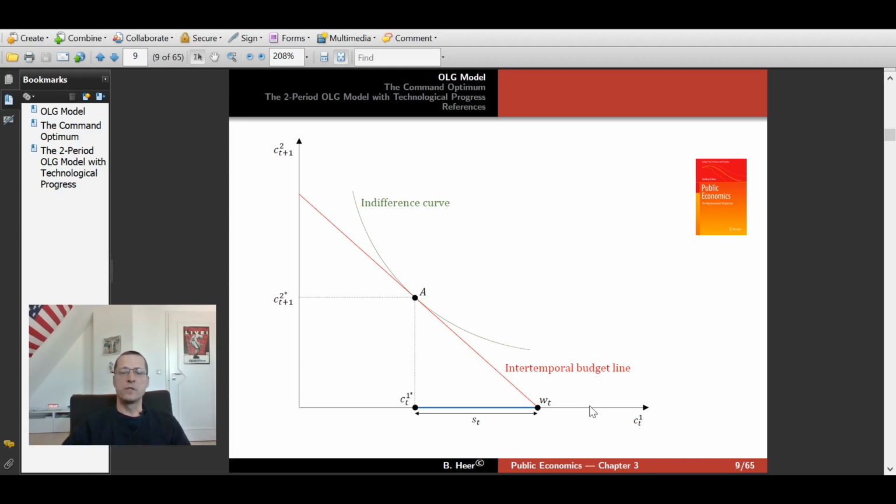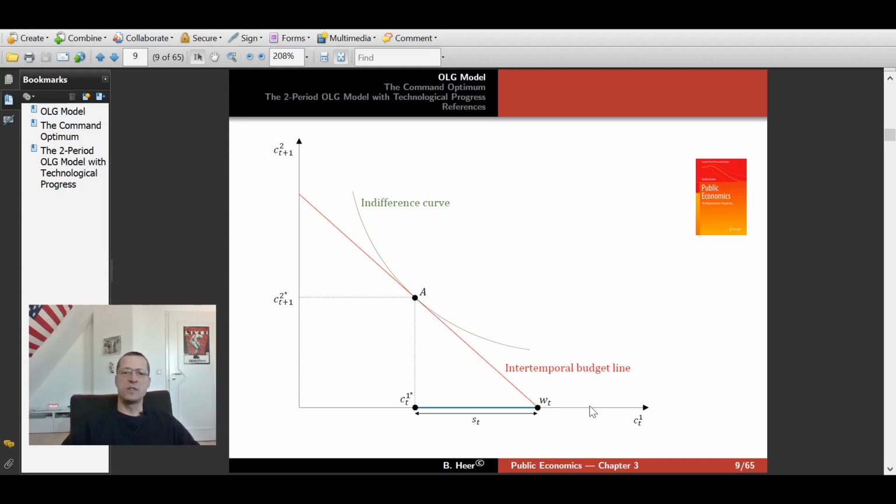And if consumption in this and next periods are normal goods, which they are due to our assumption on the utility function, this will increase consumption of both C1 and C2. So here we have also increased savings. Otherwise, consumption in the next period would not go up. So here the increase of wages is unambiguous on savings. Higher wages result in higher savings.